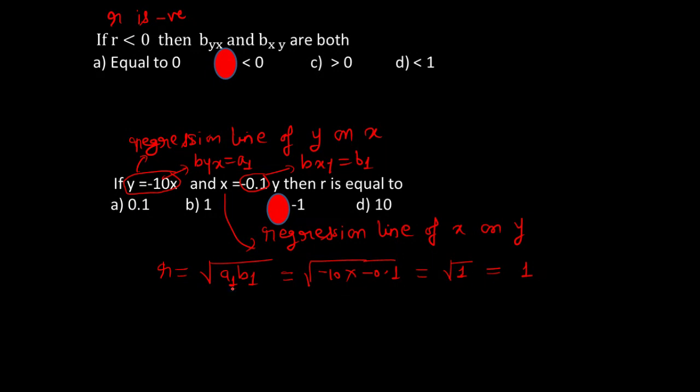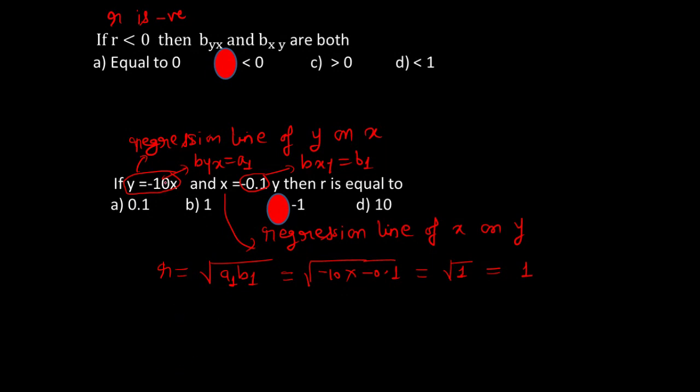Now is this a correct answer? But the answer mentioned over here is option C. So is there anything wrong? Yes, this is not the correct answer. Why? Because if you observe carefully, a1 is negative, b1 is also negative, right? So whenever we use this formula, you have to take care of the sign of r also.